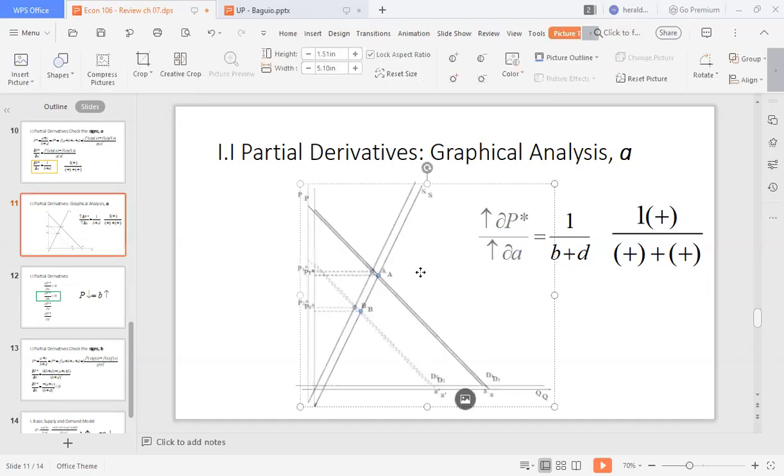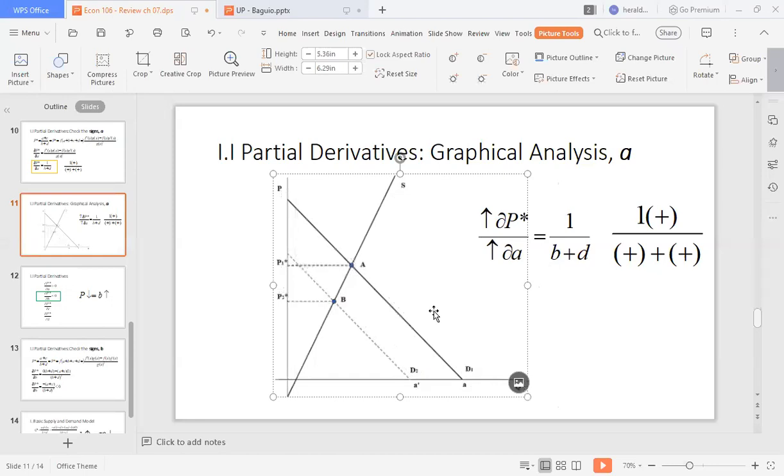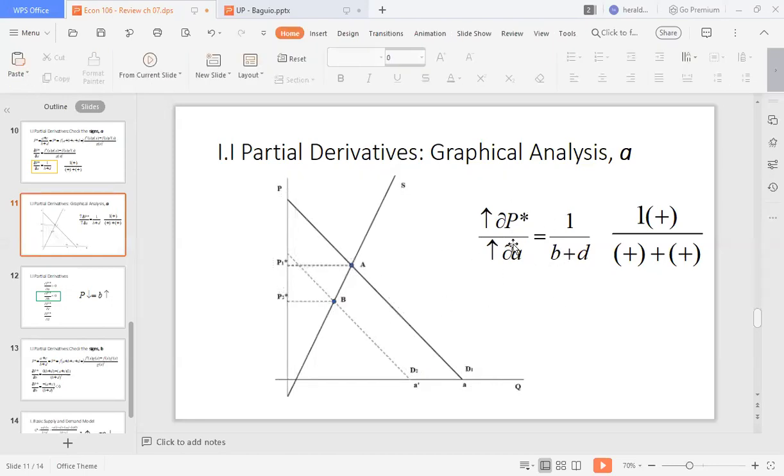Now let's look at the graph, class. Let's see if it is the same with what we mentioned earlier. At point A, it's at P1 star, and also here. So here, again, we had a parallel shift of the demand curve.